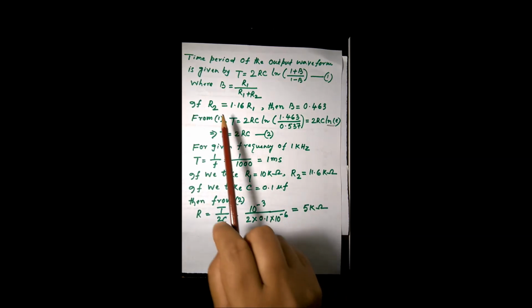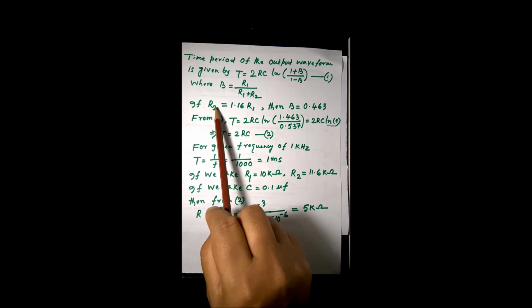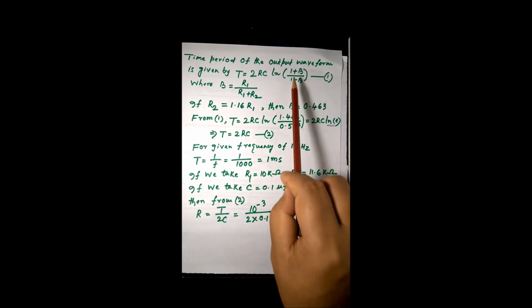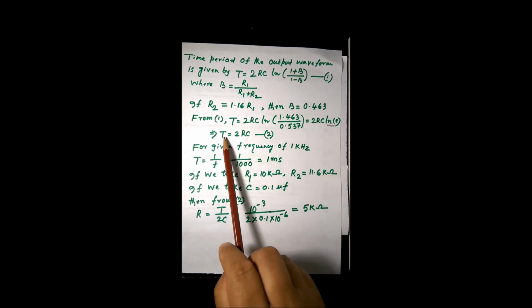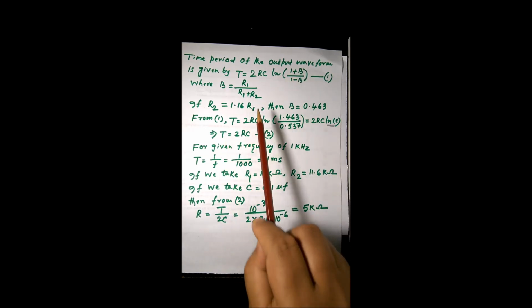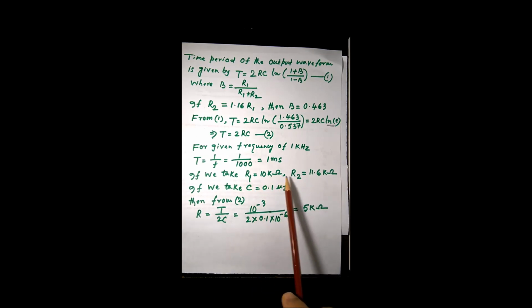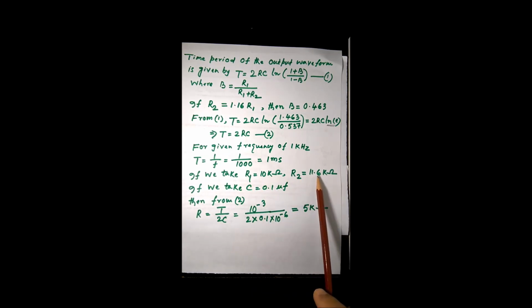Because we have to maintain a relationship between R2 and R1 to reduce equation number 1 to the form of equation number 2, we take R1 equal to 10 kilo ohm, and therefore R2 should be 1.16 times R1, so it becomes 11.6 kilo ohm.